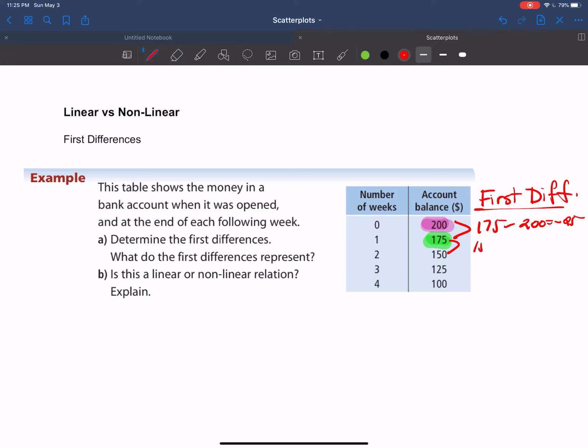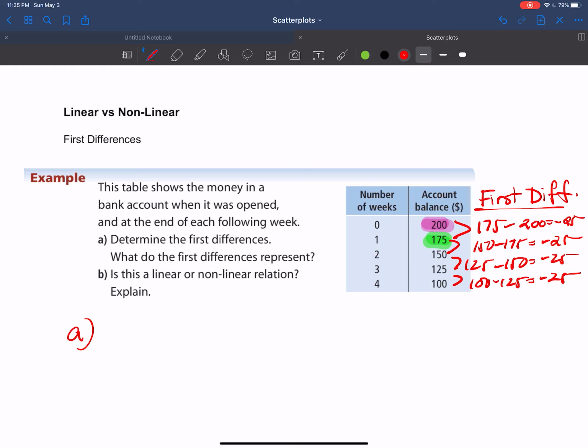So don't be afraid to have a negative number here. Next, I'm doing 150 minus 175. Then 125 minus 150, again negative 25. And as you can see, we keep getting negative 25. So determine the first differences. We did. It's negative 25. And what do they represent?